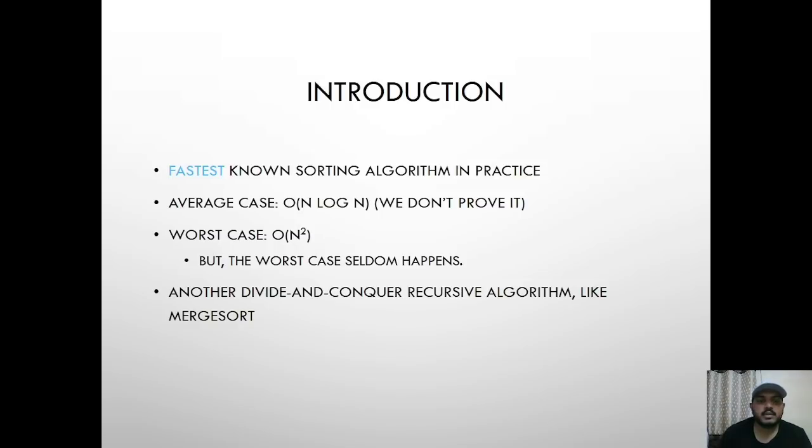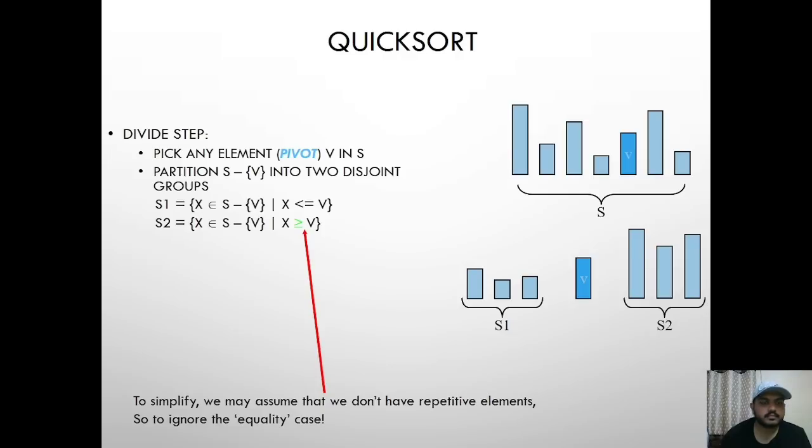Quicksort is another divide and conquer recursive algorithm. In the divide step, pick an element as pivot v in S and partition the rest into two disjoint groups, S1 and S2.